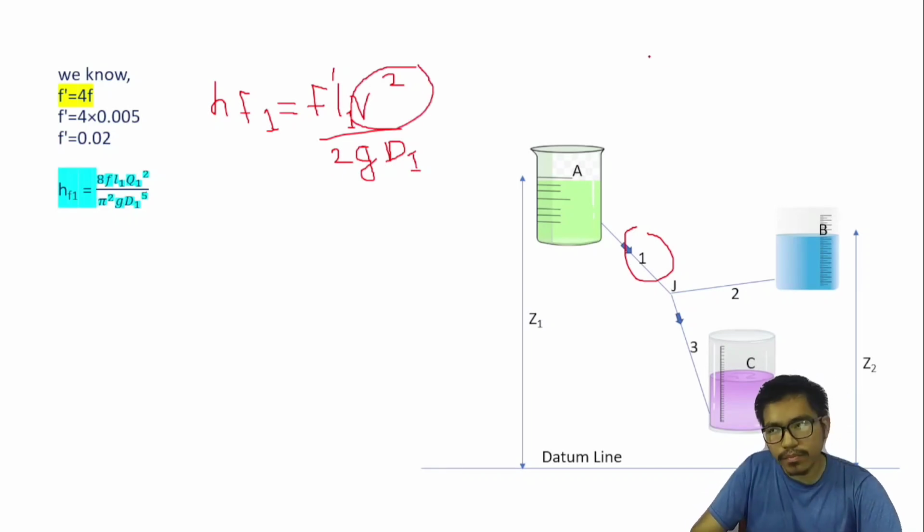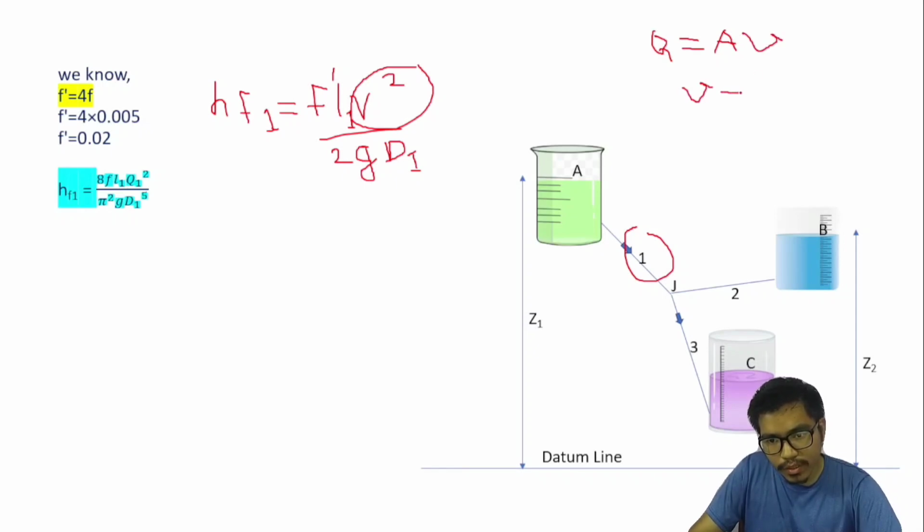But we know discharge is equal to area times velocity V. So V equals discharge Q divided by area, and area is nothing but pi d square divided by 4.